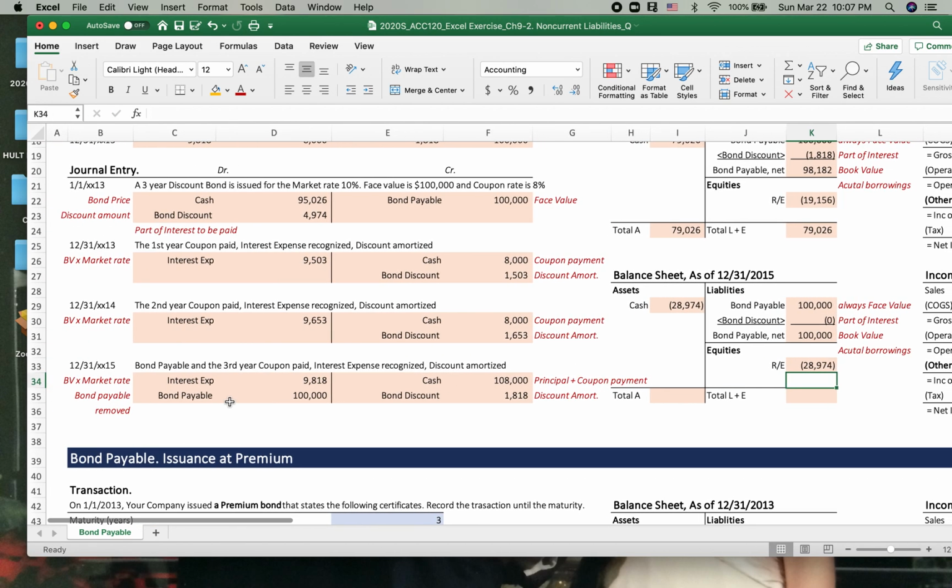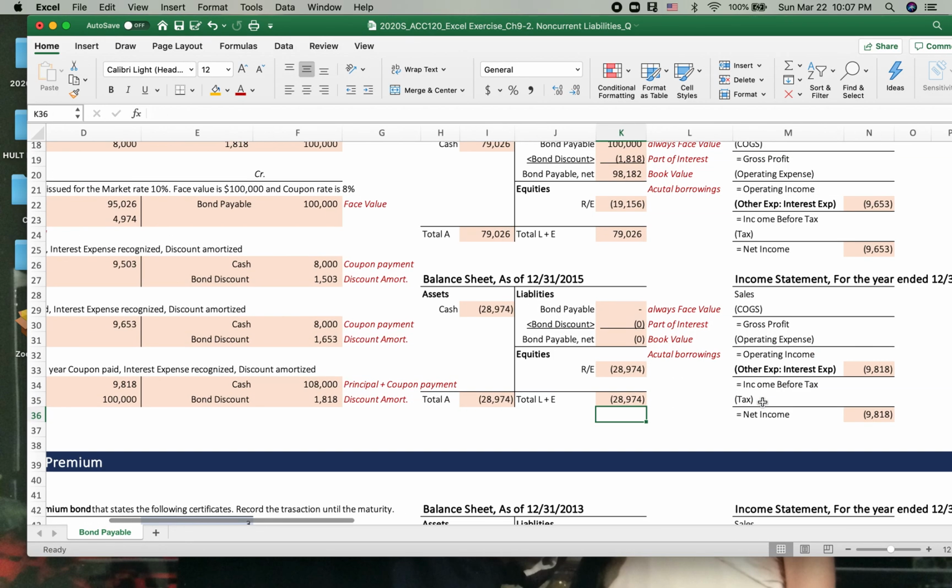Okay, and then the bond payable. Now we don't have any bond discount, and the bond payable should be 0. Why? The company paid back $108,000 at the year end, the maturity. Okay, so total asset and total liability is now matched.